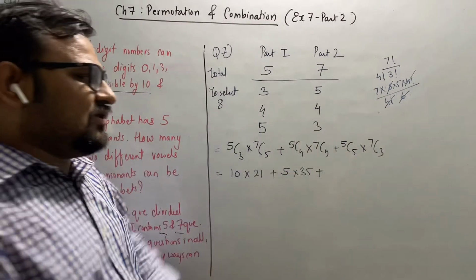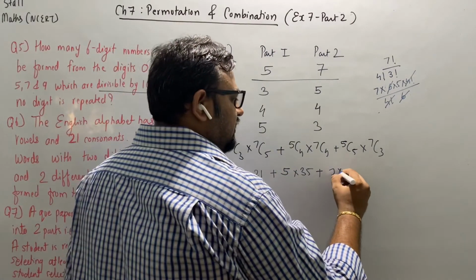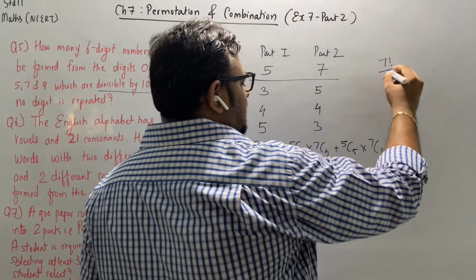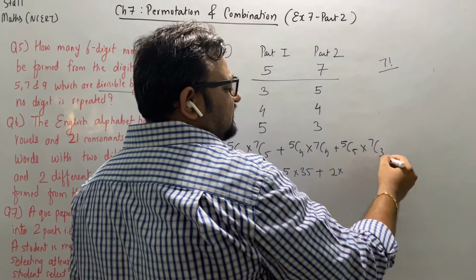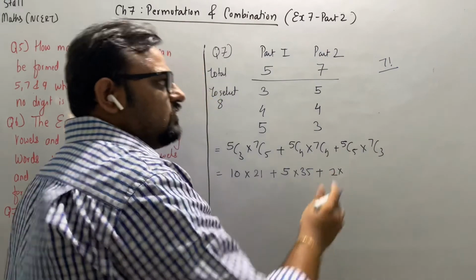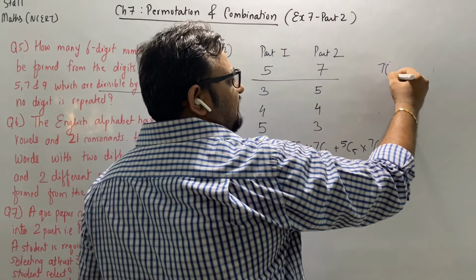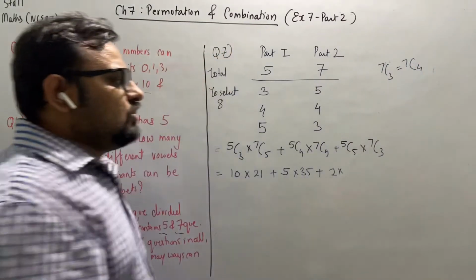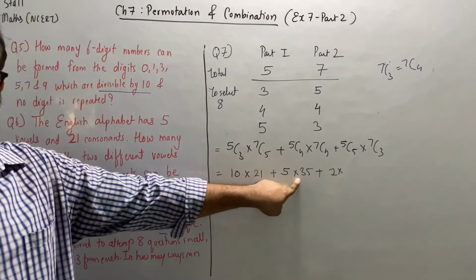5C5 is equal to 1, into 7C3. 7C3 is equal to 7C4, since 7 minus 3 is 4. So what is the value of 7C4? 35, so no need to calculate.